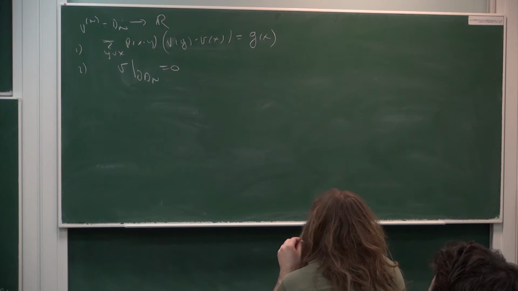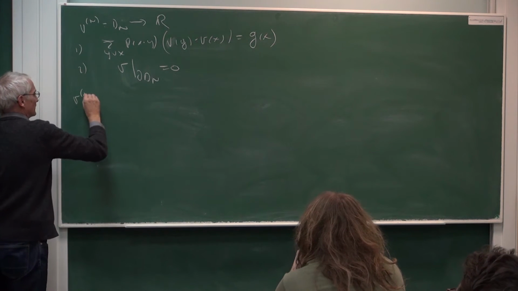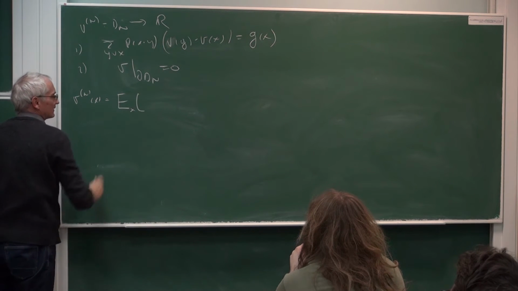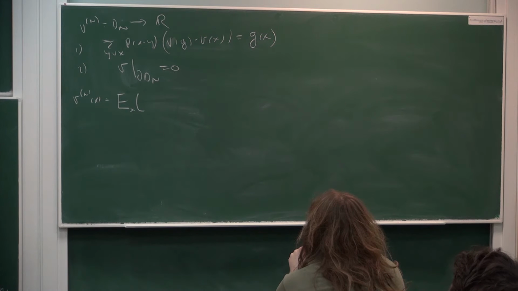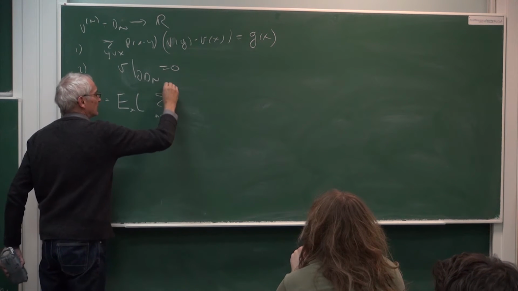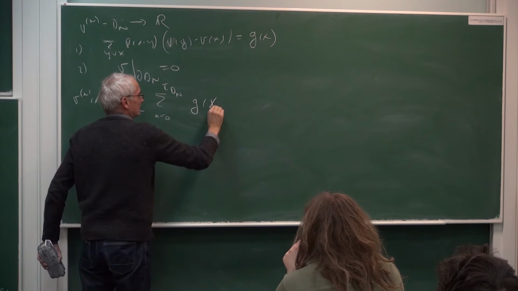Then you can also represent the solution here in terms of an expectation. So V, you put an n here to stress, of x. Well, you start at x, and then you sample along. You put the sum, n equals 0 until the exit time, of g(X_n).